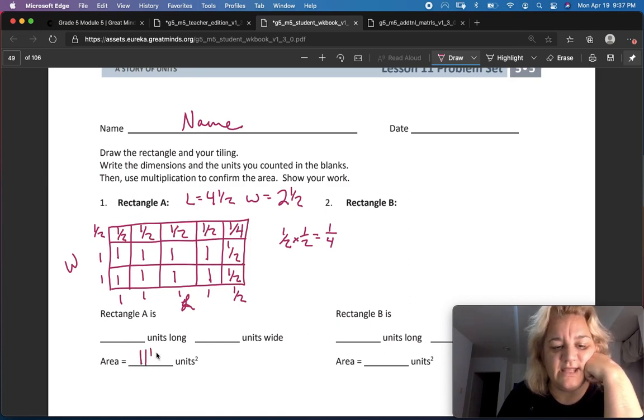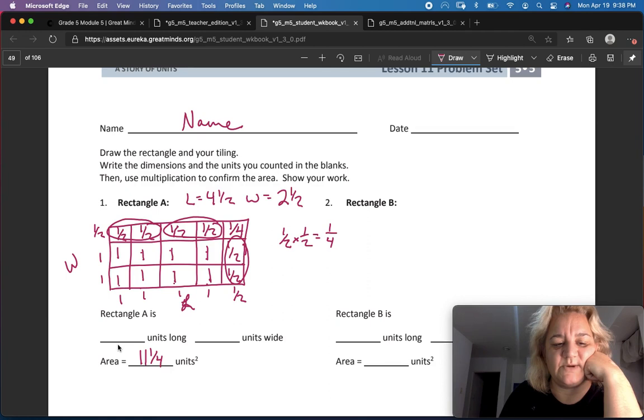So 11 and 1/4. Let me just count that. 1, 2, 3, 4, 5, 6, 7, 8, and then these two together would be 9. These two together, 10. These two together, 11, and then 1/4 left over.